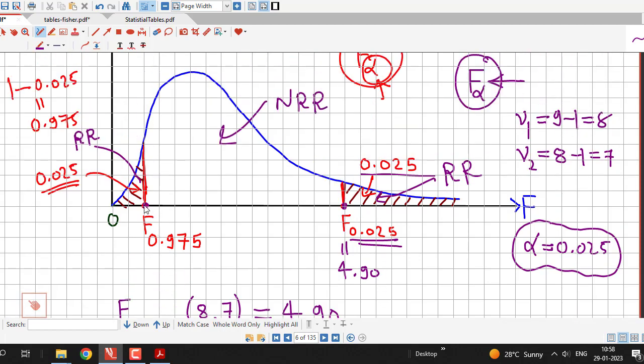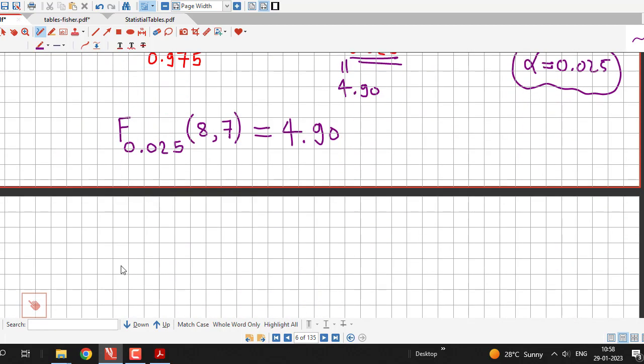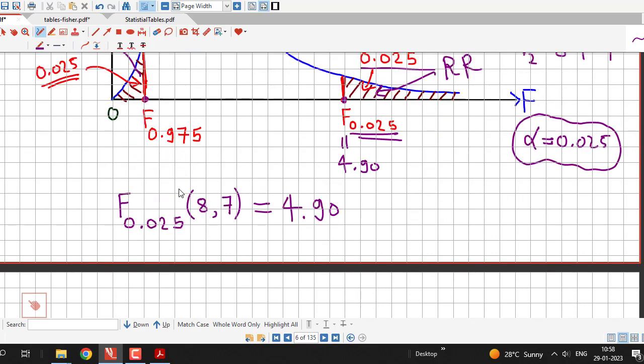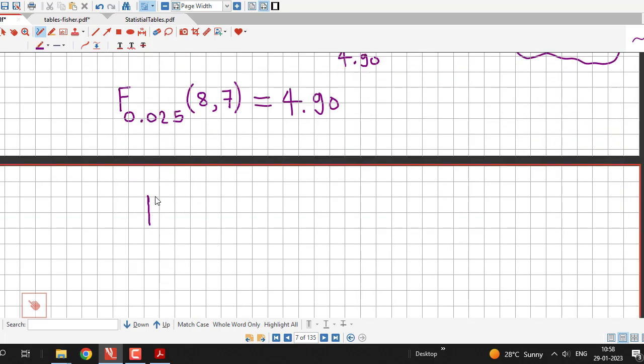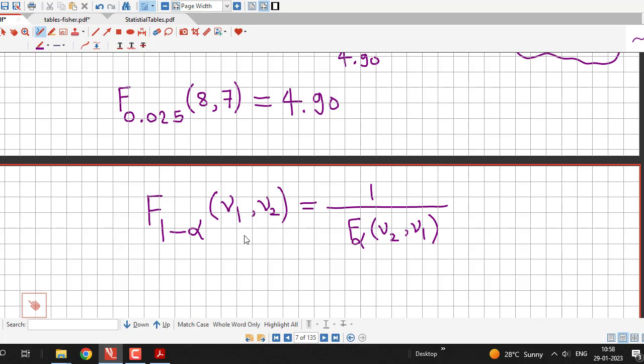Now what about this point F.975? For finding this critical value, we recall this identity which we have seen in the lecture on the F distribution. The critical value corresponding to 1 minus alpha with nu1 degrees of freedom in the numerator and nu2 degrees of freedom in the denominator is 1 divided by F alpha with nu2 degrees of freedom in the numerator and nu1 degrees of freedom in the denominator.